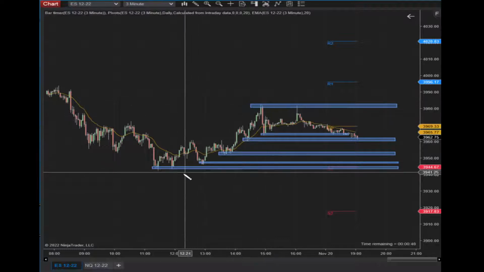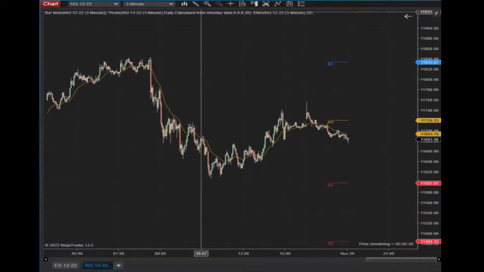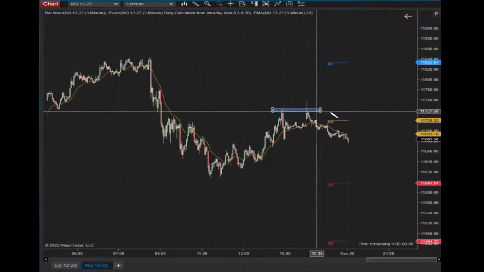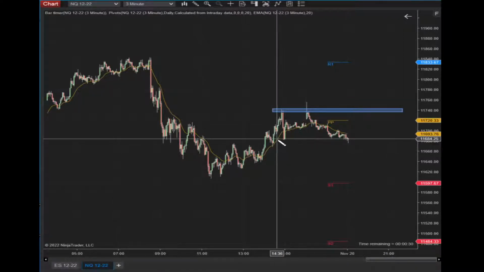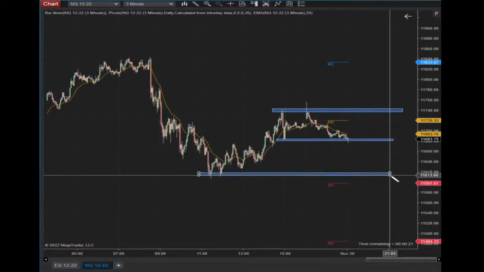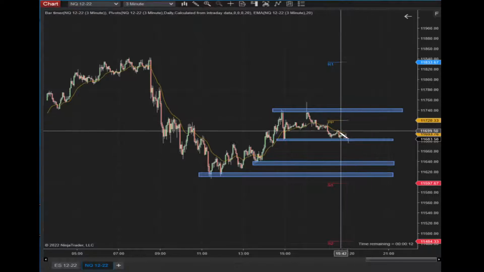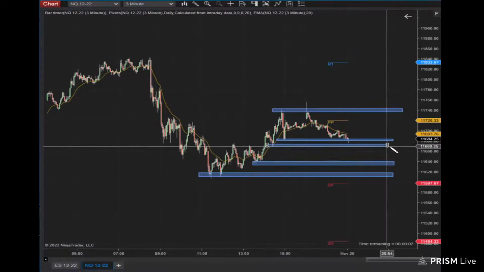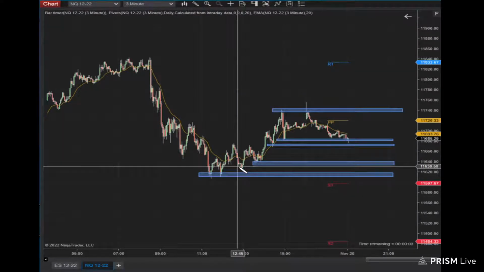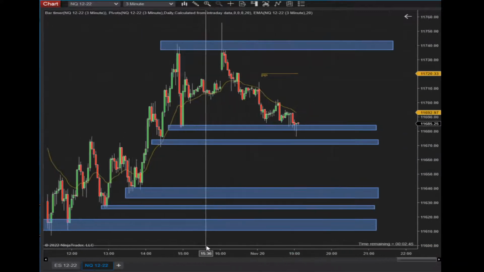I'm going to mark off support and resistance, and then let's do the same thing on the Nasdaq. Zoom in a little bit.